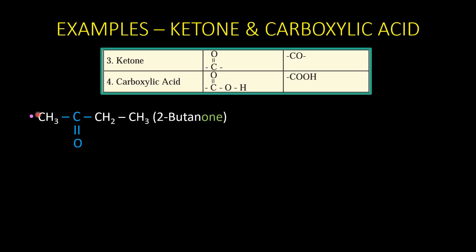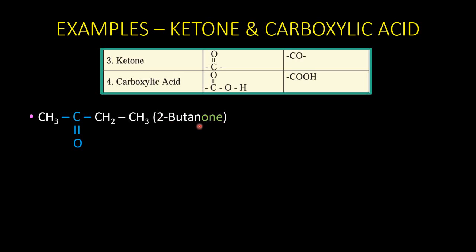So now let us count the number of carbon atoms. I have 1, 2, 3 and 4. So it should be BUT. A represents a saturated hydrocarbon, and the presence of a ketone functional group is represented by the name ending with ONE.